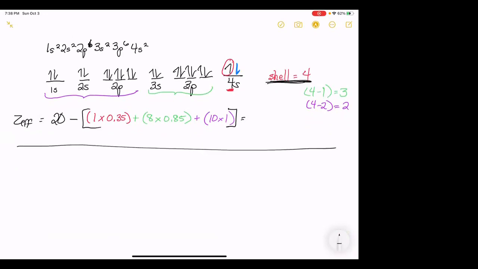So with Pb, the very first thing I'm going to do is write the electron configuration, which is going to take a little bit, so give me a little time here.